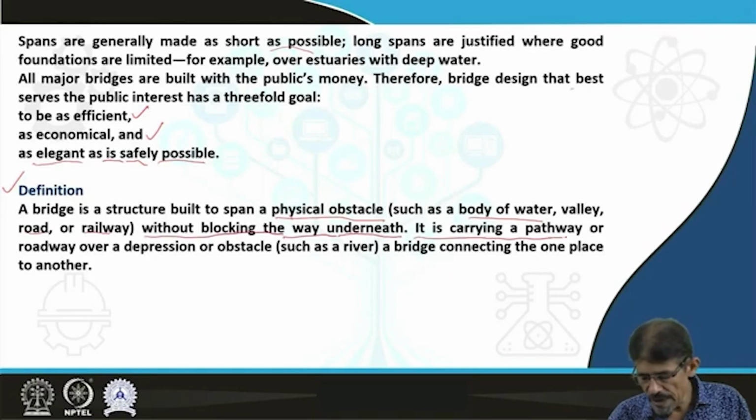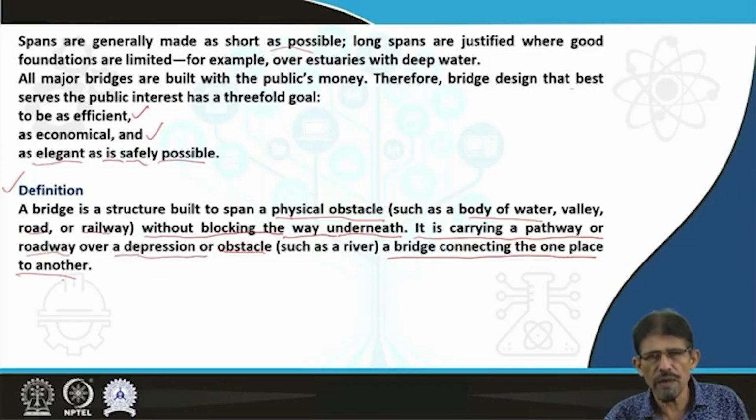It carries a pathway or roadway over a depression or obstacle like a river, a fire zone, mines, any kinds of obstacles, and a bridge connects one place to another place, one point to another point.